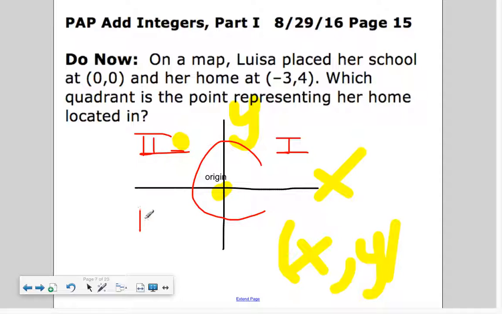And this must be quadrant 3, while this must be quadrant 4. So the answer is quadrant 2. Remember, quadrant 2 has negative and positive. The x-axis will be negative. The y-axis will be positive.